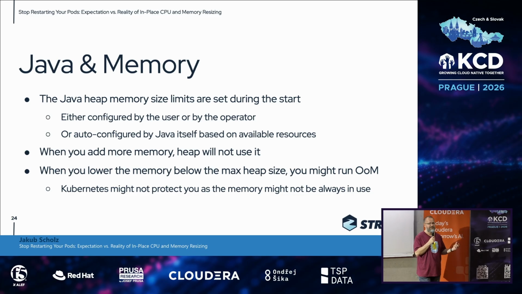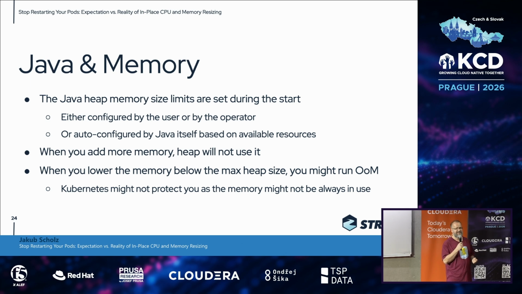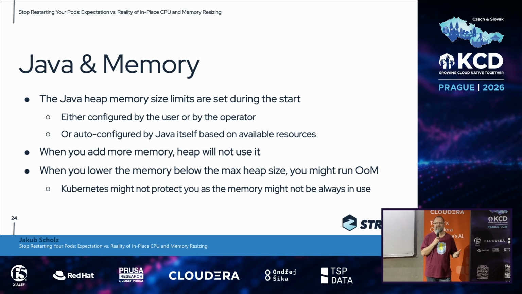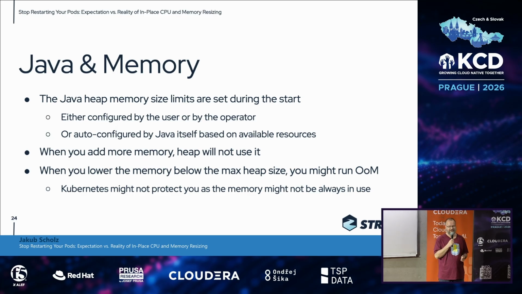So either by the user directly, by some operator like Strimzi, or if nobody else specifies it, then Java will check what's the available memory and set the limits on its own. That's set at startup, and there's no way to change it dynamically. There are some plans and proposals on how to improve this in Java, but right now that's the situation.